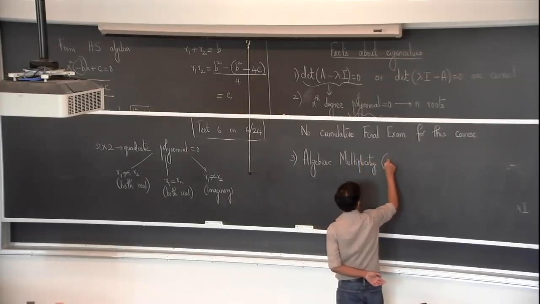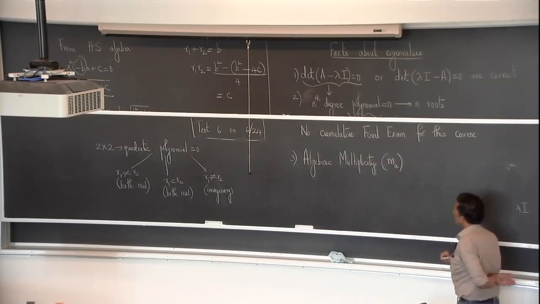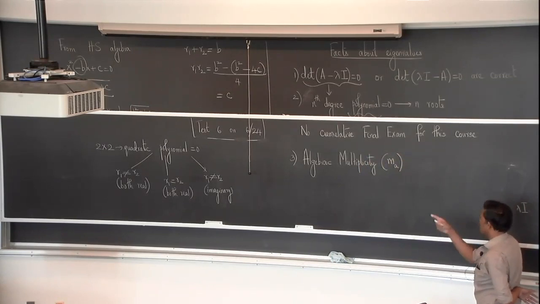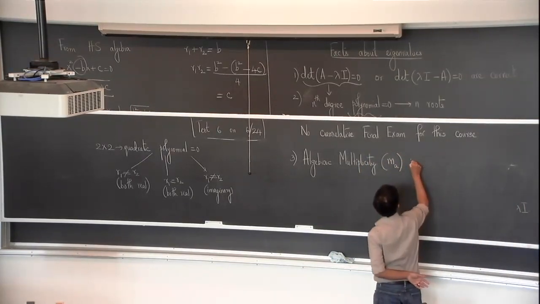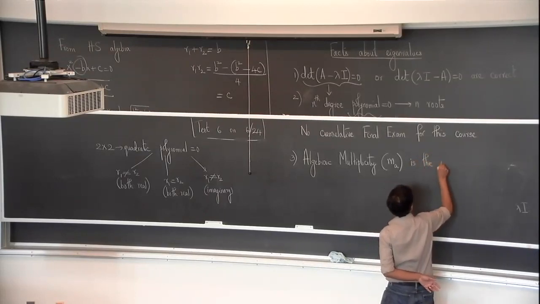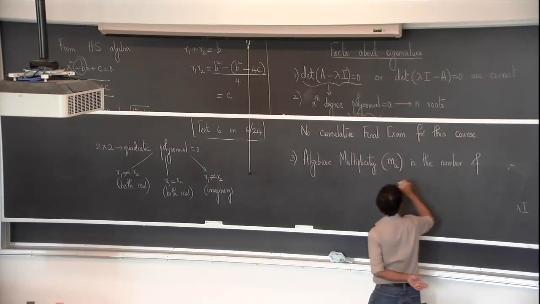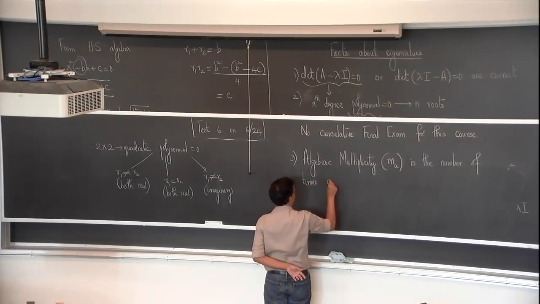I'm going to denote it by M subscript A for future reference. Algebraic multiplicity is the number of times a root is repeated in that particular polynomial. It's the number of times an eigenvalue is repeated.